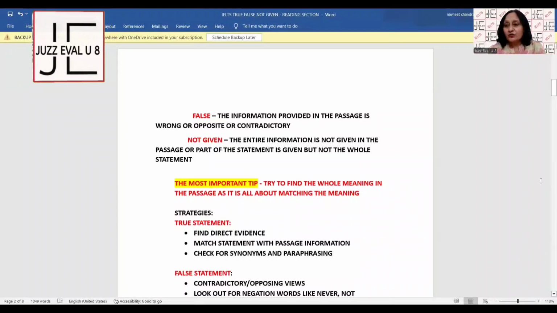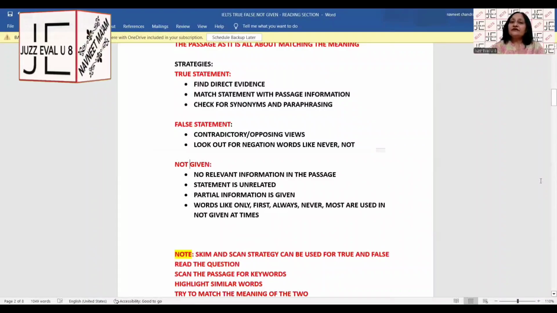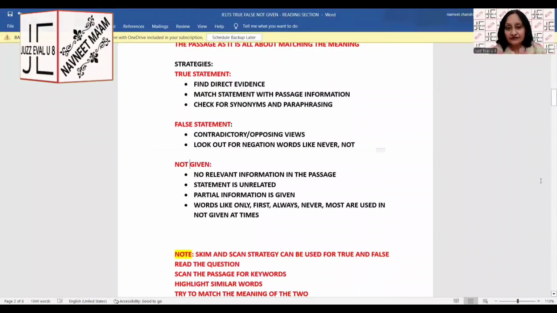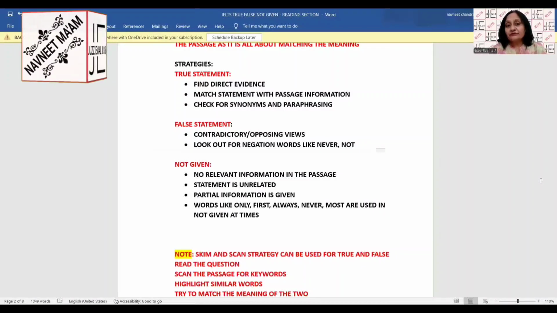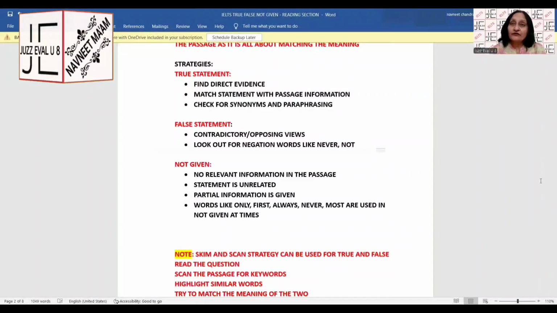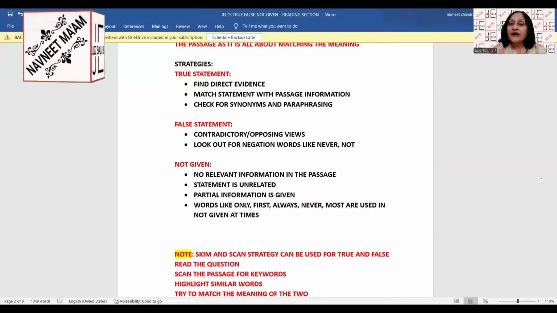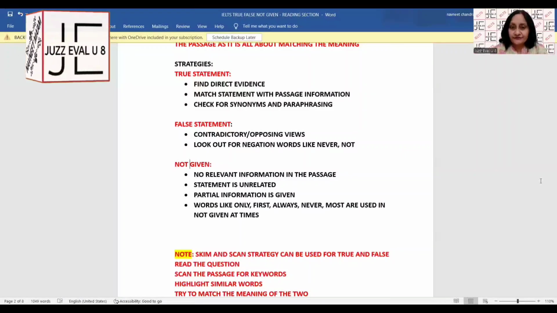Highlight that, look for the exact meaning, and then find out the answer. Okay. So now what are the strategies to be used? If it's a true statement, firstly find direct evidence. What is it saying? Match the information, the question and the passage, and also check for synonyms and see how it has been paraphrased. It might have been used in some other word.